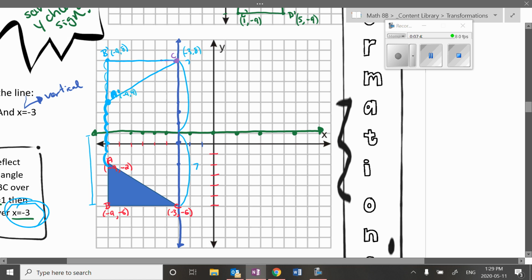B is 6 away, so B is going to move 6 to the other side. So we get B double prime here. So that's 3 to the right, but 8 up. A is currently 6 away, so we're going to move 6 away again. So A double prime is going to be at 3 to the right and 4 up. Now we get this triangle.